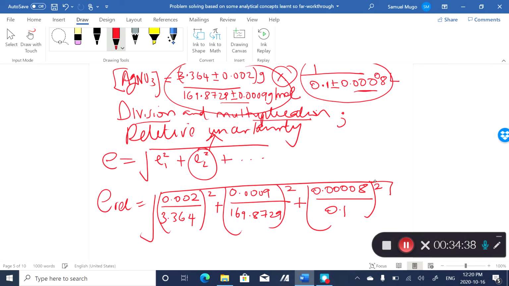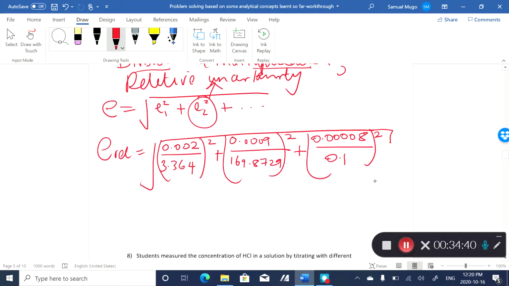Again, I square it, and then I can do the propagation that way.